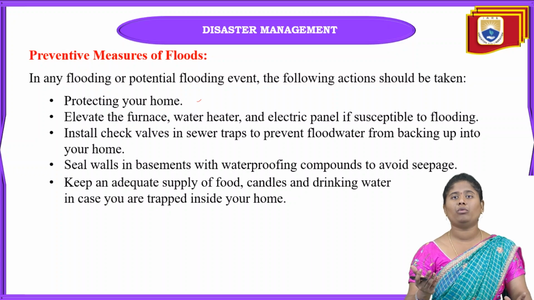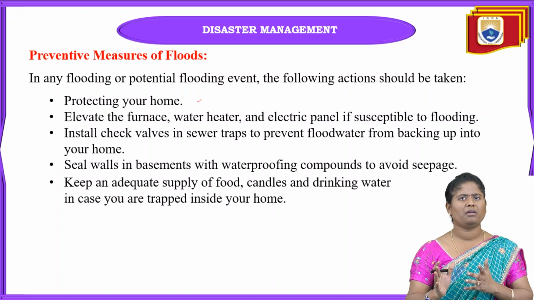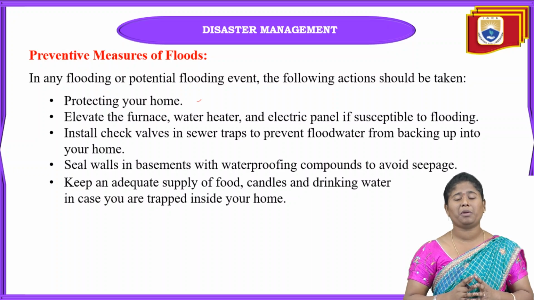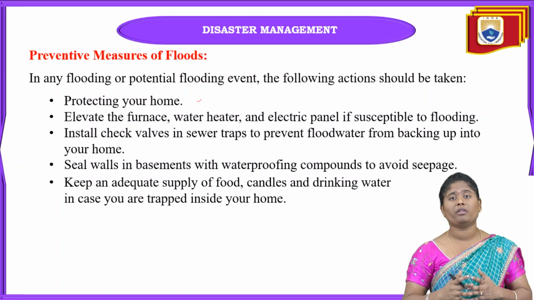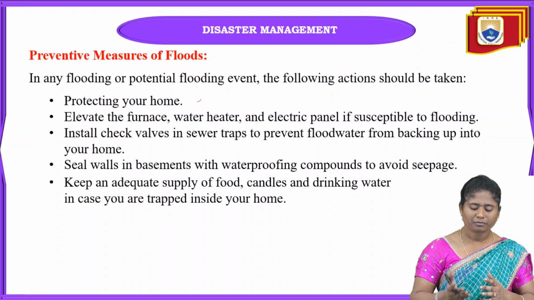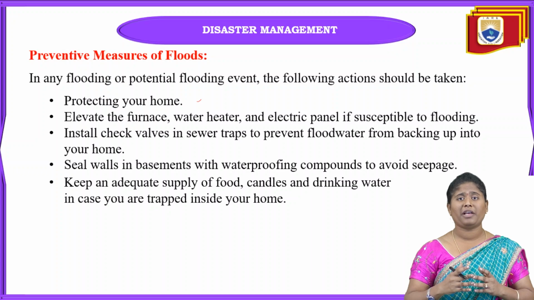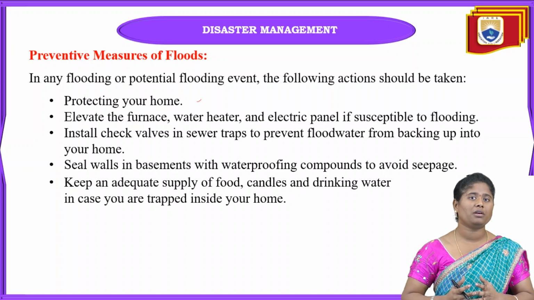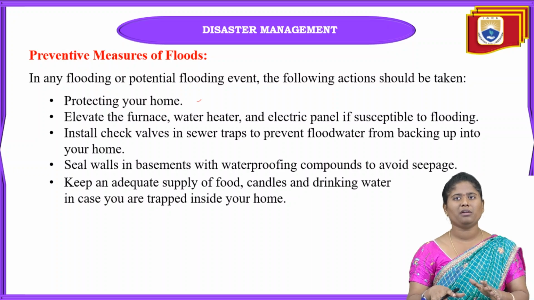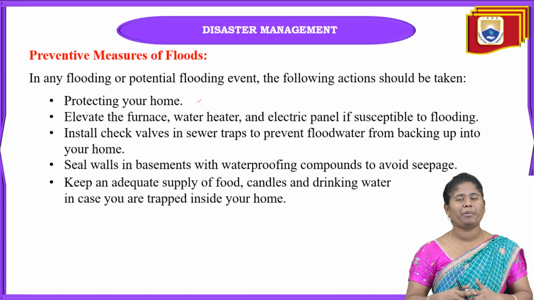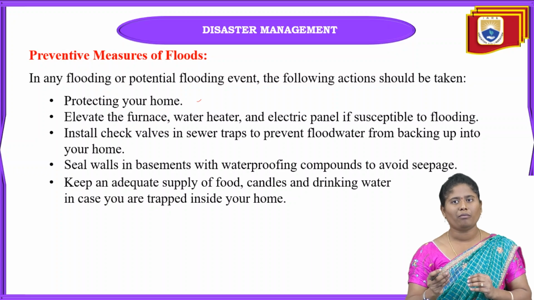And next, if any disaster other than floods happens, in our house we have to be very much prepared to store food, and we have to keep drinking water in stock. By doing this, if any disaster happens, we may be somewhat safe at that time.